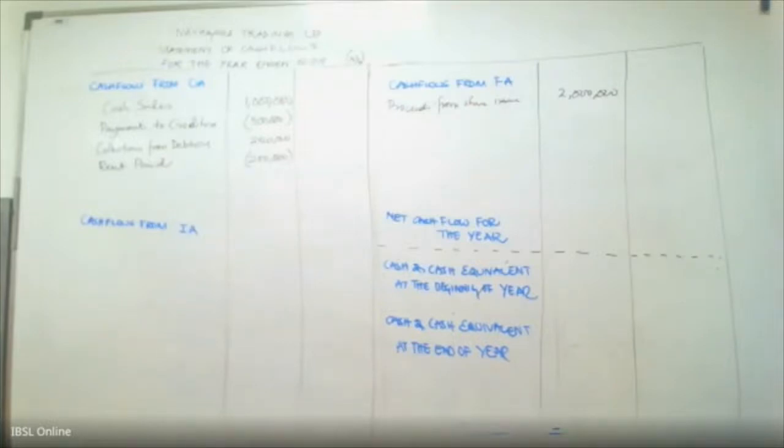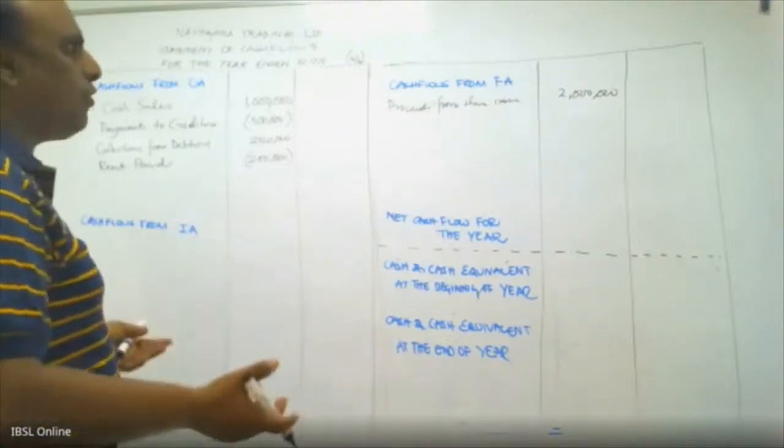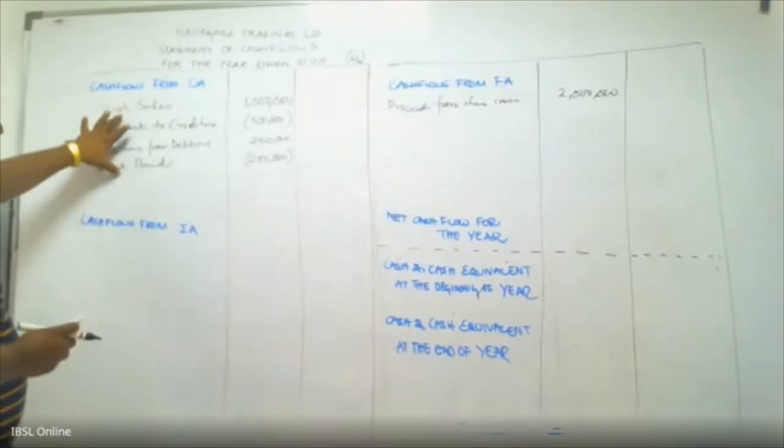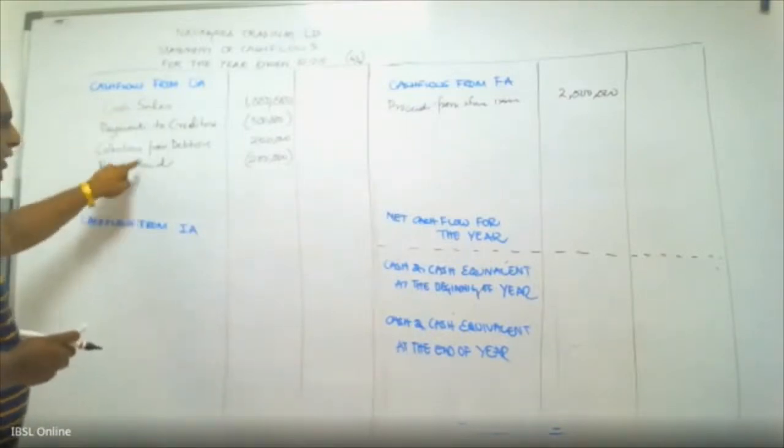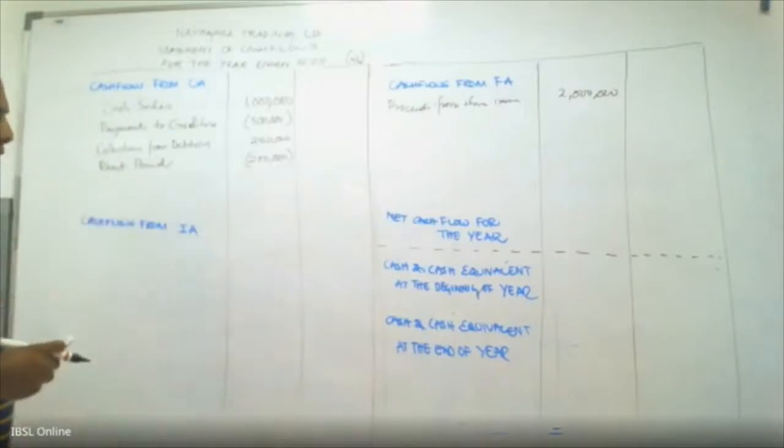What I need to look at is the direct receipts of cash and payments of cash. See what I have considered? I have considered rent paid. If this was rent payable, I wouldn't have considered it. Payable means something that I have done using the accrual concept. But here, I am worried only about the actual receipts and payments. So electricity payable will not come. Please make a note of it.